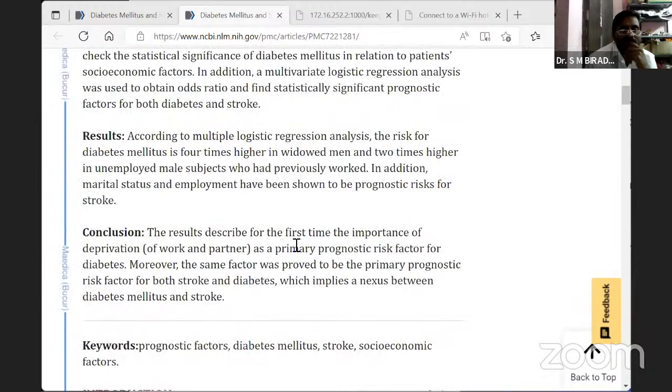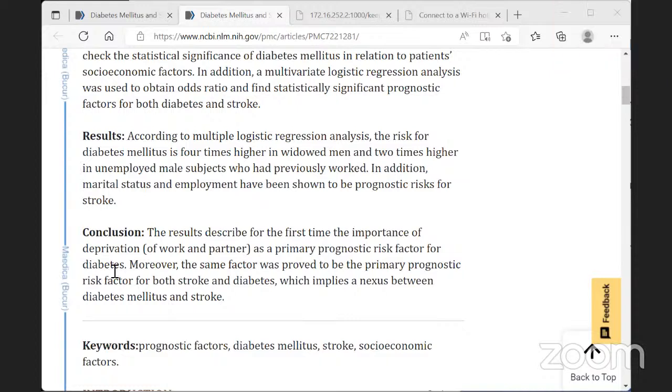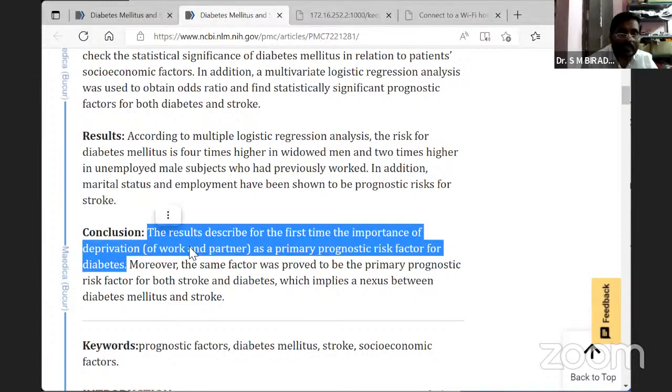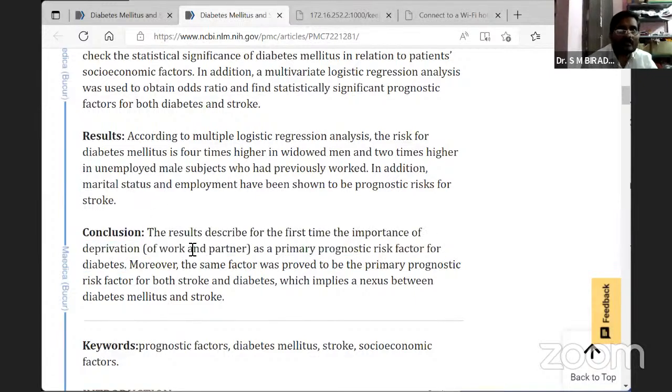The result describes for the first time the importance of deprivation of work and partners as a primary prognostic risk factor for diabetes. Here diabetes is a risk factor for those who don't work or who lost their partner.